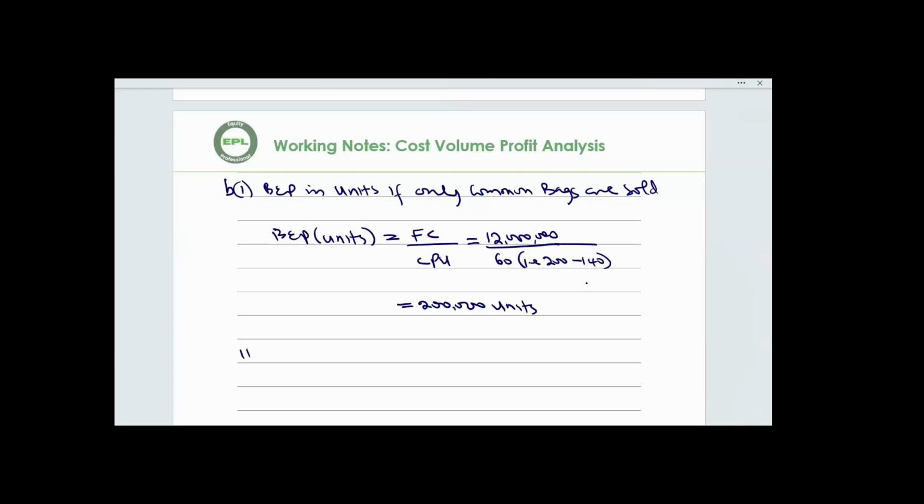Then B, Roman figure 2. Break-even point in units if only executive bags are sold.